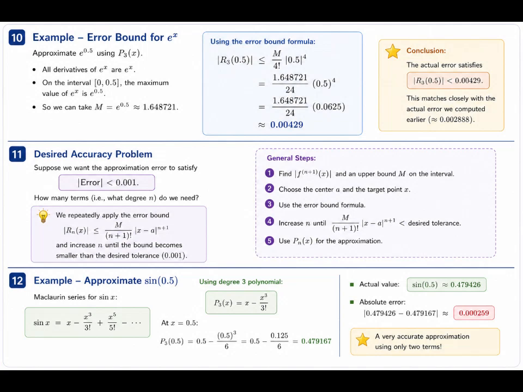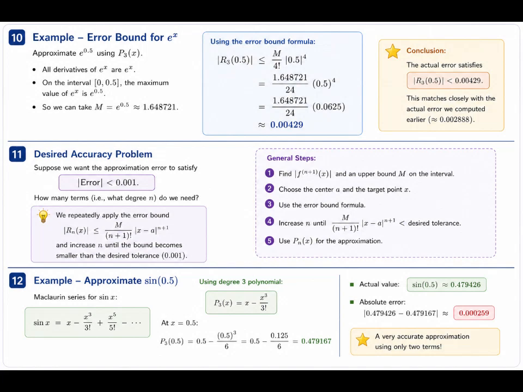Consider the sine function. Looking at the Maclaurin series of the sine function, notice that it consists entirely of odd powers of x with alternating signs. Using just the degree 3 polynomial and substituting x equals 0.5, we evaluate the expression to get an approximation of roughly 0.4792.